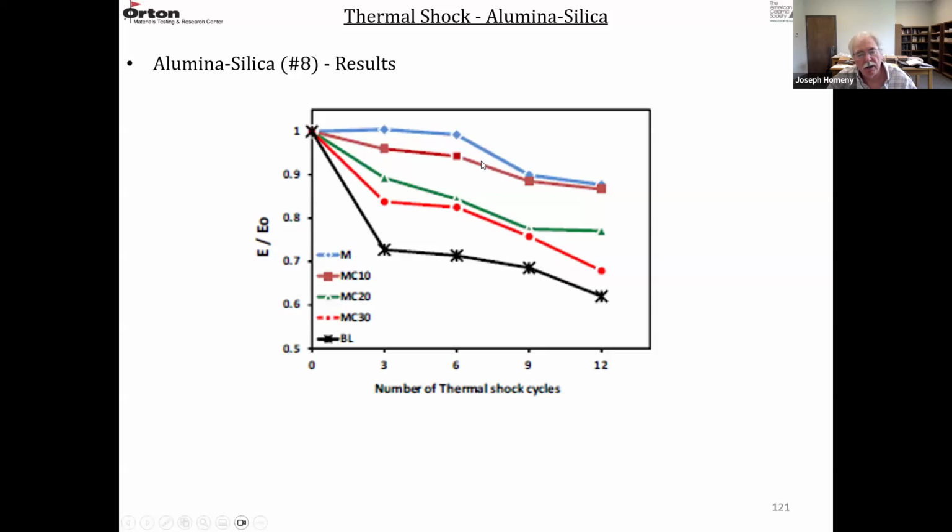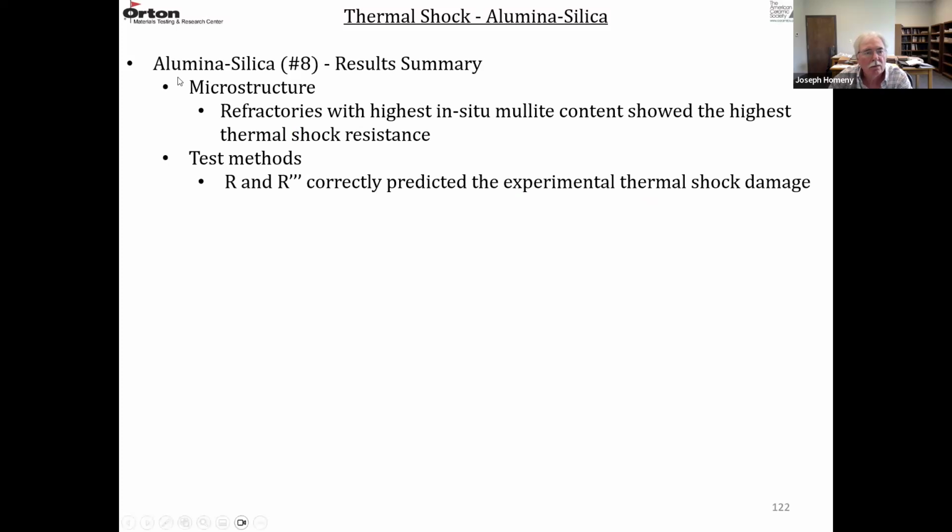And then the other mullite compositions, 10, 20, and 30, were in between these two. So they're saying refractories with the highest in situ mullite content showed the highest thermal shock resistance. And then the test methods R and R3 prime correctly predicted the thermal shock damage.